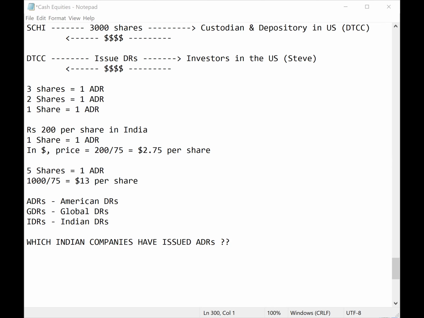Sir, in case of unsponsored ADRs, the investor who purchases the ADR in the US market, for the return, do they expect it from the US stock exchange or from Infosys?